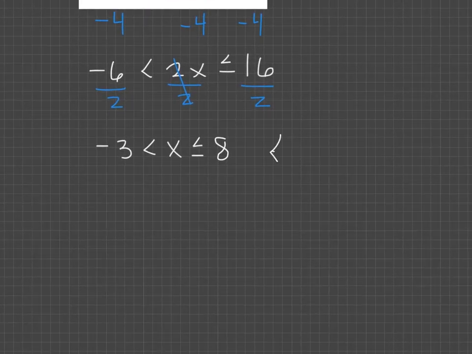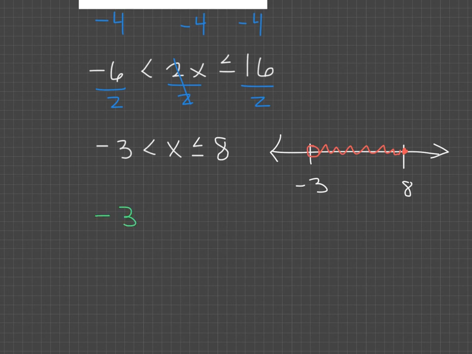So on a number line, we've got our negative 3, we've got our 8. The negative 3 is not included, the 8 is included, and everything in between. For interval notation, our smaller number is negative 3, our larger number is 8. The less than is going to give us a parenthesis. The less than or equal to is going to give us a bracket.